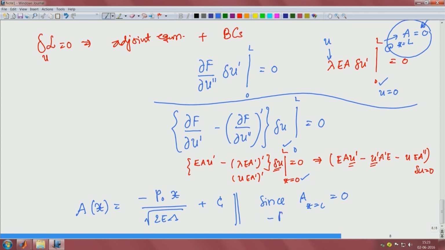Then it will be P naught L by square root of 2 E lambda plus C equal to 0, that will be C. So, that gives us C equal to P naught L by square root of 2 E lambda.